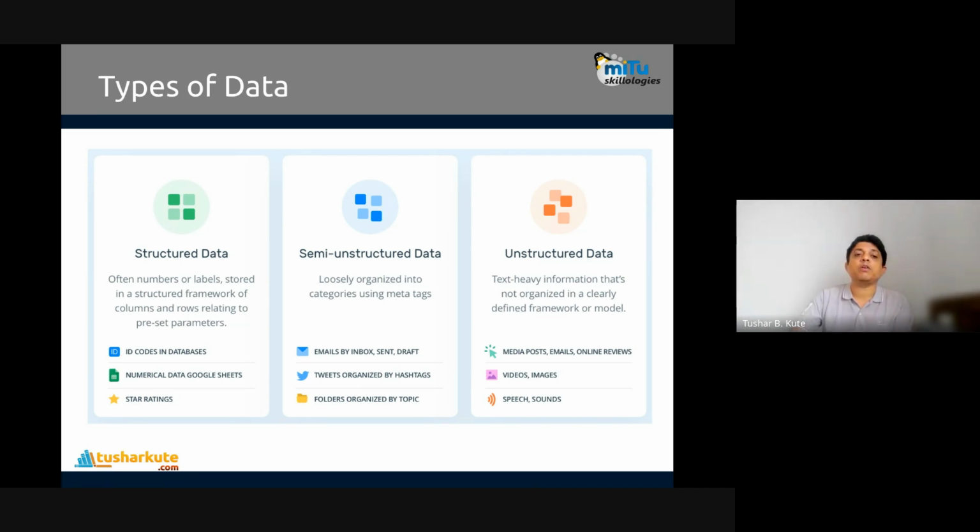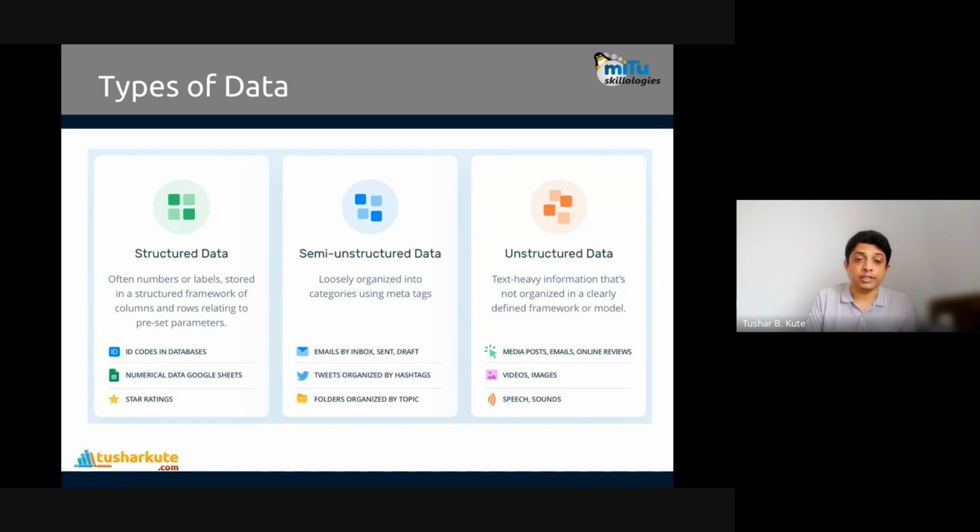Numbers or labels stored in a structured framework of columns and rows relating to preset parameters. Like if I want to store data of students, I'll have roll number, name, class, marks, age in a table. Databases like SQL contain it, and Google Sheets can store it.